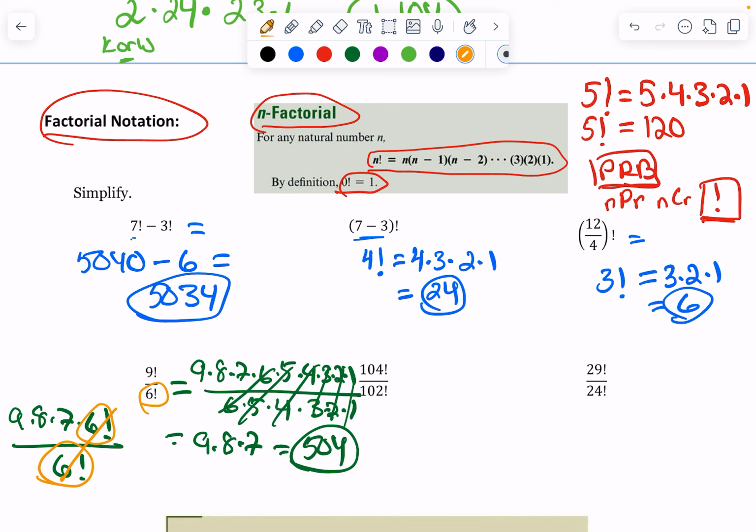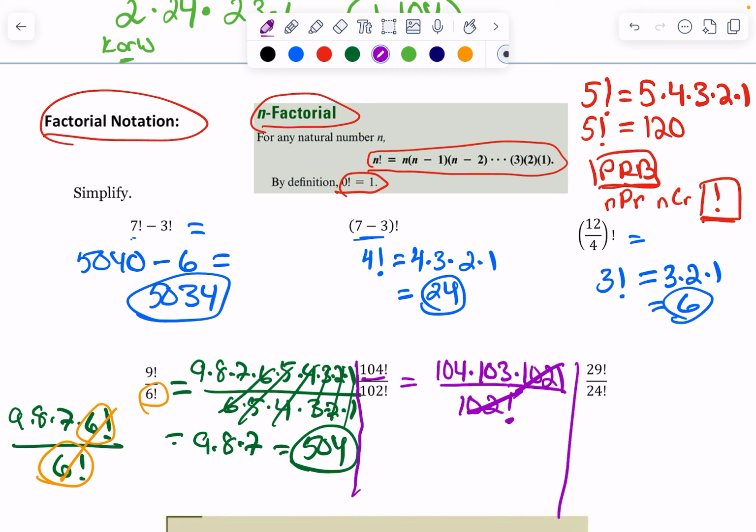So when we do larger numbers like 104 factorial over 102 factorial, we write the 104 factorial and stop it at 102 factorial as well.